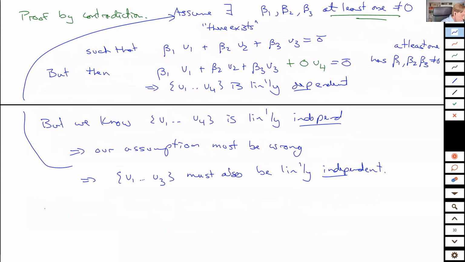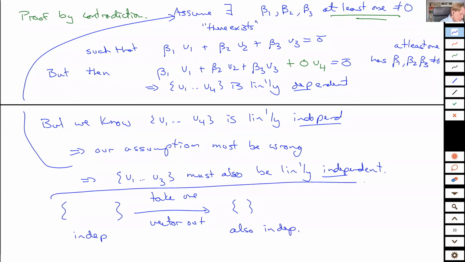So this is saying if we have a big set of independent vectors and we take one vector out, we get a smaller set, and it'll also be linearly independent. That's what we can prove with all of this machination here.